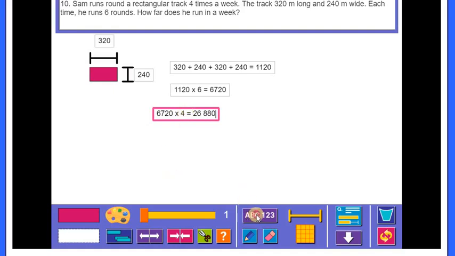Then you can say Sam runs 26,880 meters in a week.